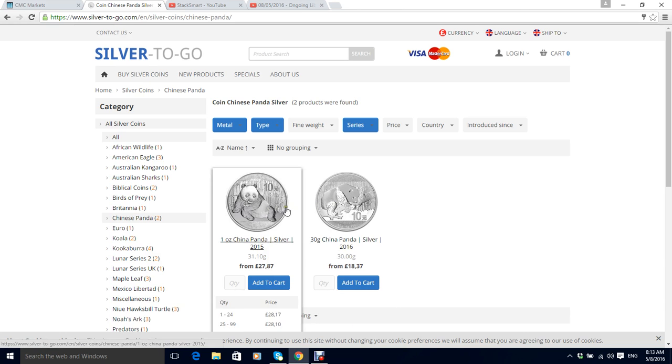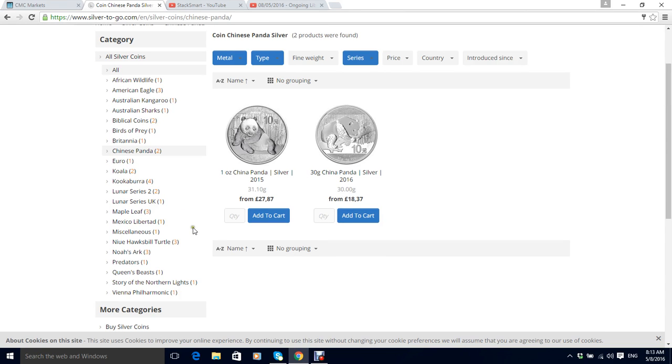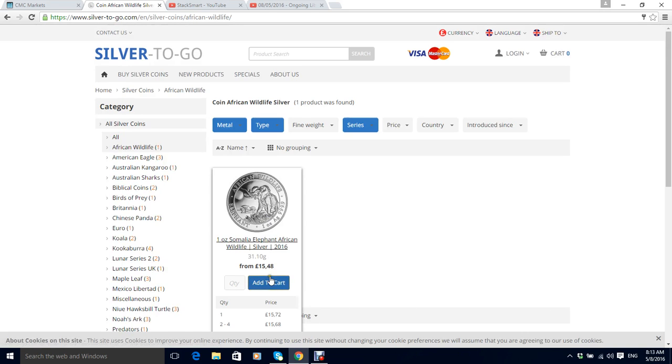Really, it's gone up by 10 quid in the space of a year. But I noticed that there's quite a lot of premium on a lot of these coins, but if you have a look at the African wildlife elephants, they're still £15.48, which I think is very good value still. I think they were only like 14 quid at the cheapest, so that's one of my top tips.